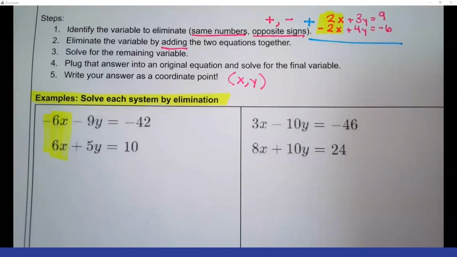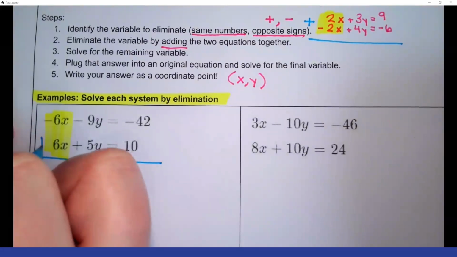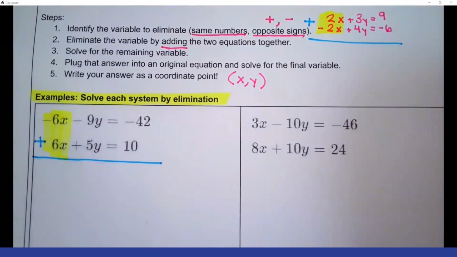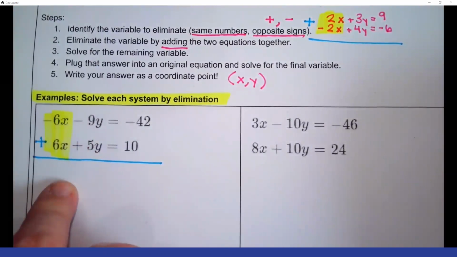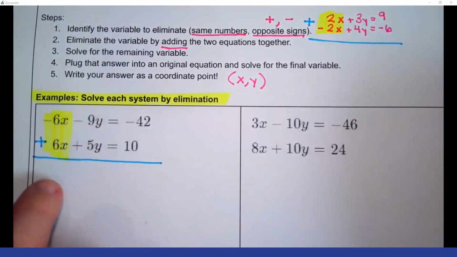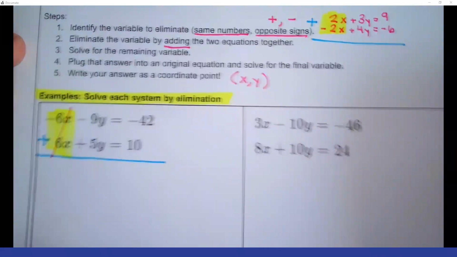Next, we add the equations together. And it's vertical adding. Now, what's nice is, because we are eliminating the x's here, you do not have to write 0x underneath. No, we're eliminating them. So they're gone.